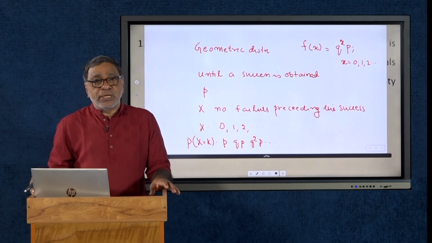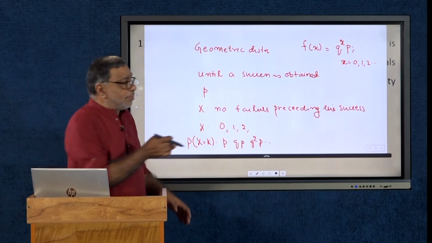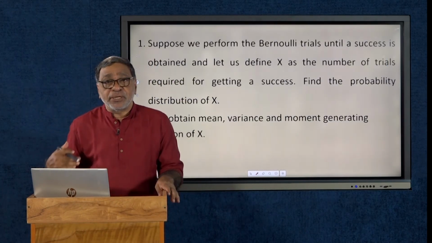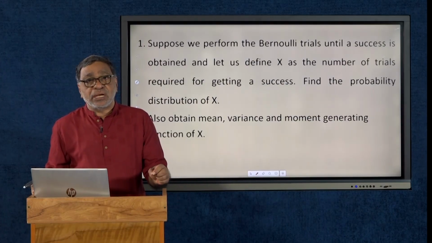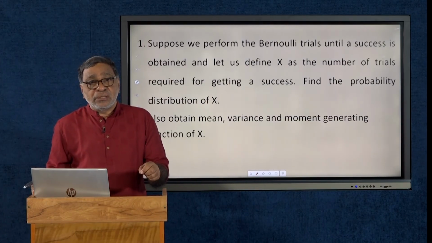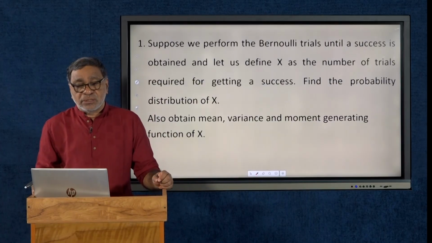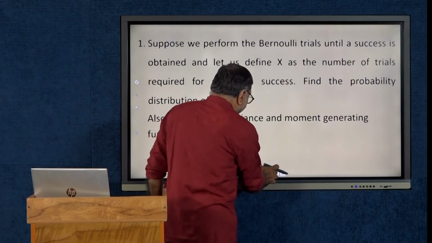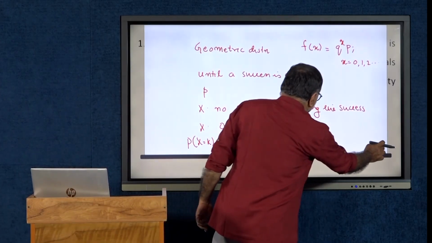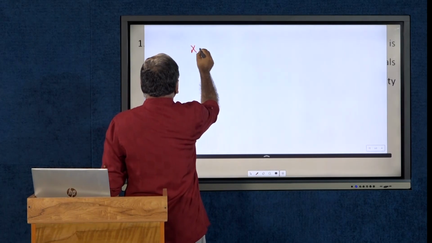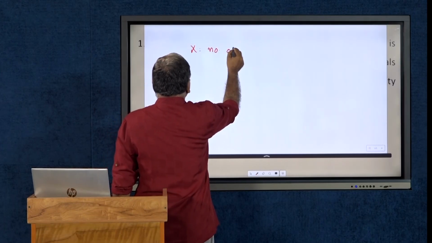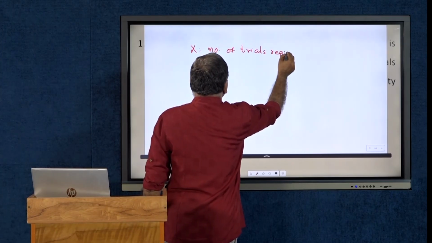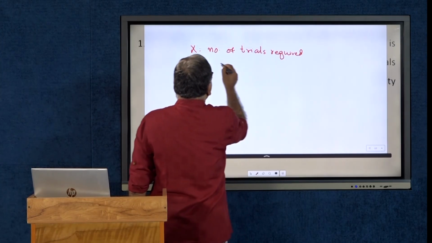And now the problem here is something different. Suppose we are performing Bernoulli trials until a success is obtained, and let us define x as the number of trials required for getting a success.